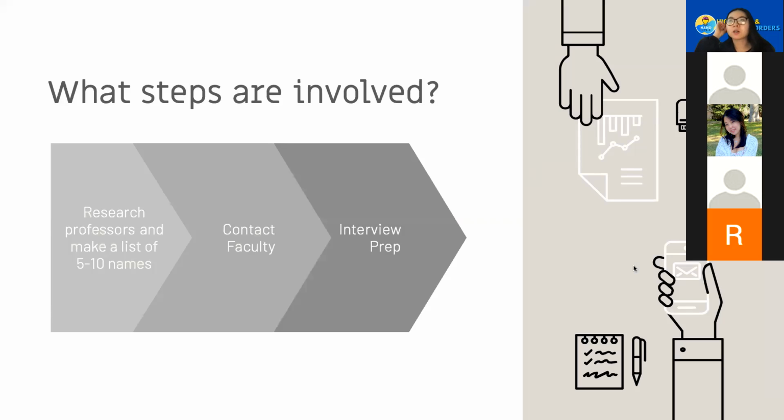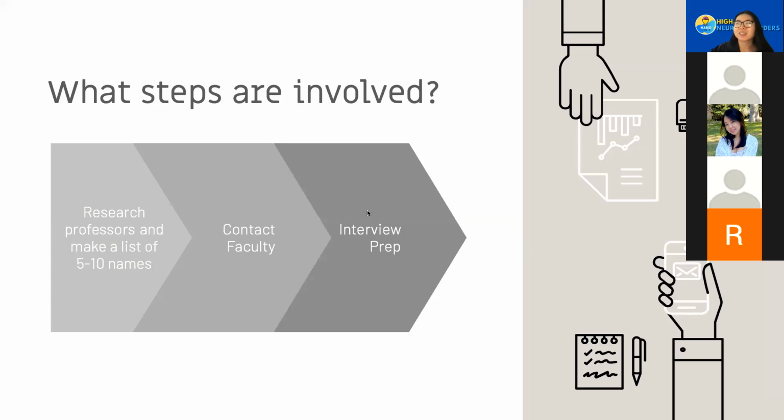Okay, so what steps are involved in finding a research lab? First, you want to make a list of 5 to 10 PIs on campus. Two, you want to draft your email, which can include any previous experience with research, maybe things you're involved with on campus, and notably why you're interested in that researcher's lab.